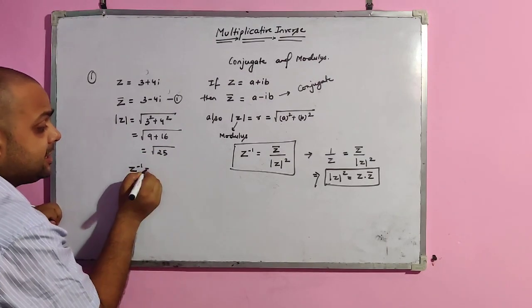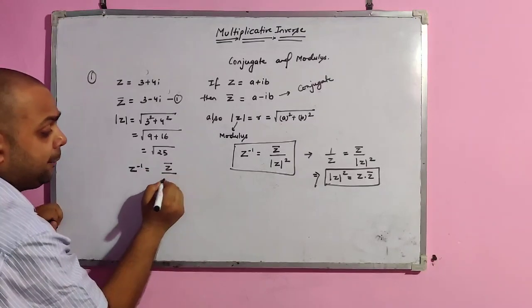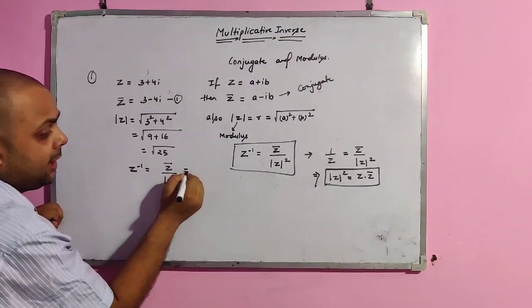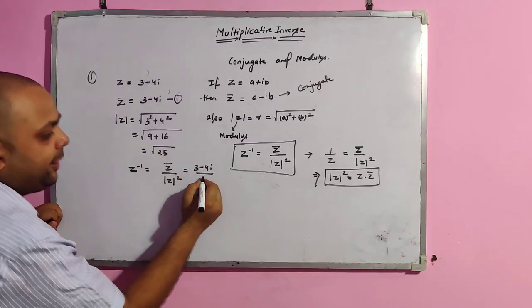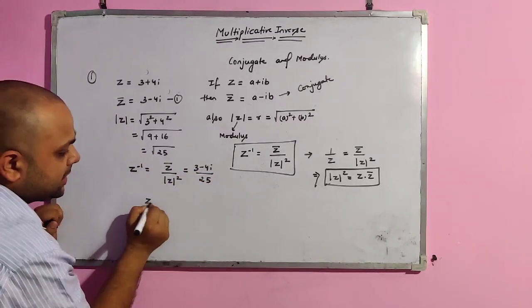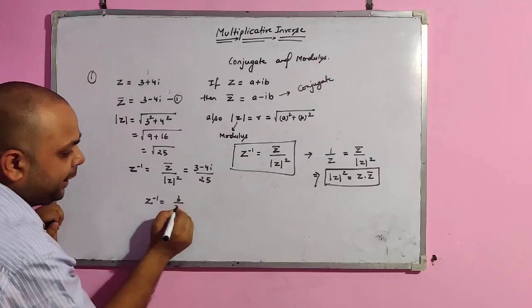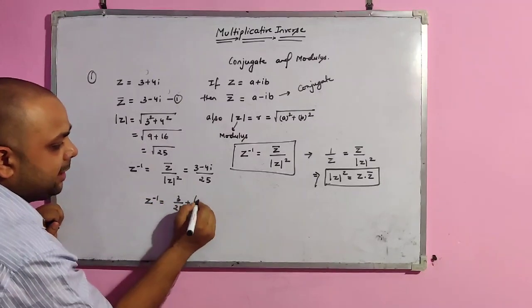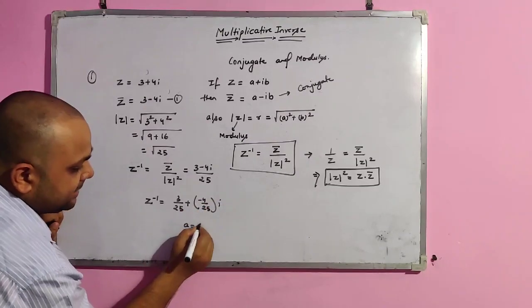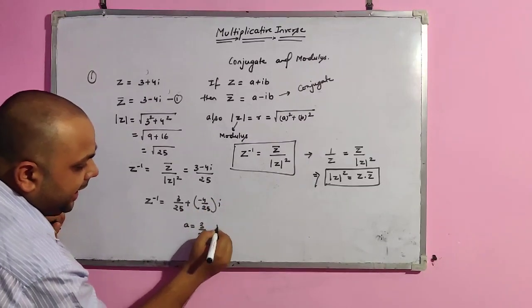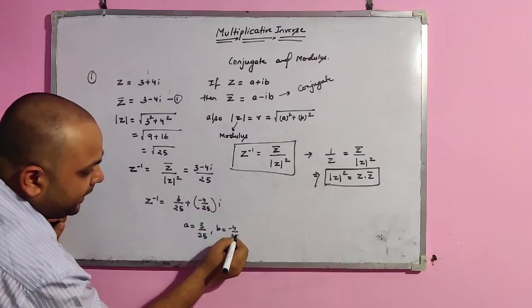Now Z inverse is equal to Z conjugate upon mod of Z square. So this is 3 minus 4 iota upon the square of root 25, which is 25. So Z inverse is equal to 3 by 25 plus minus 4 by 25 iota. So the A is 3 by 25 and B is minus 4 by 25.